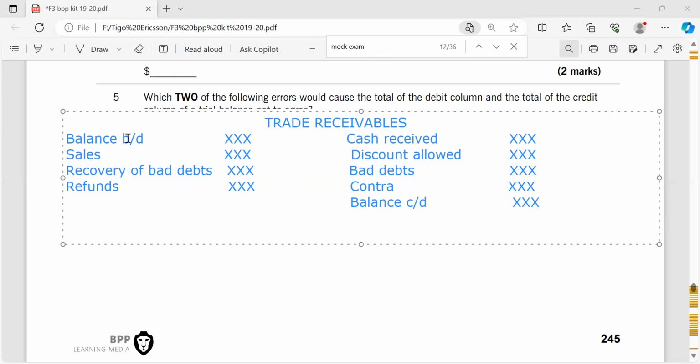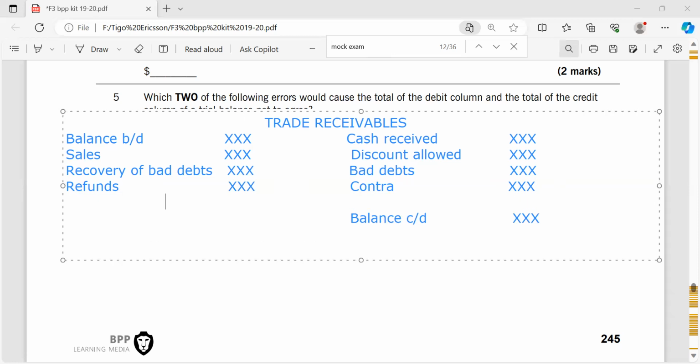So instead of coming and deducting it from the sales here, we say no, just go on the opposite side and recognize it. So we can come here and say, oh, I have my sales returns, or let's say returns inwards.